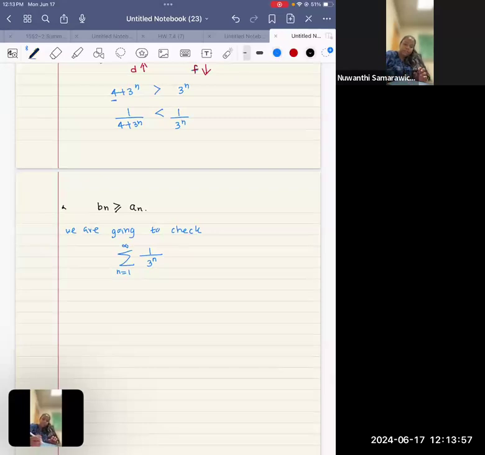To check whether this is convergent or divergent, we have to check which technique we are going to use. What do you think? Which technique can we use here? Can you recall, William, which technique you used?